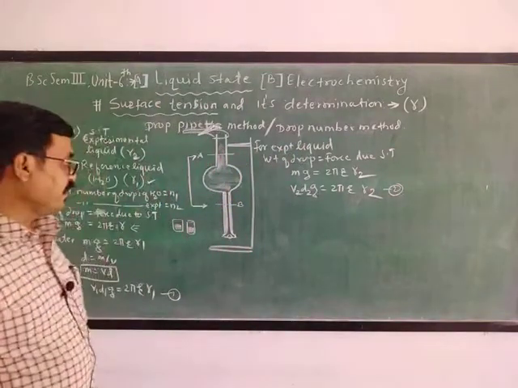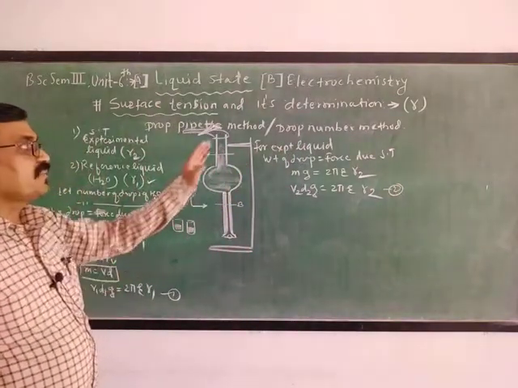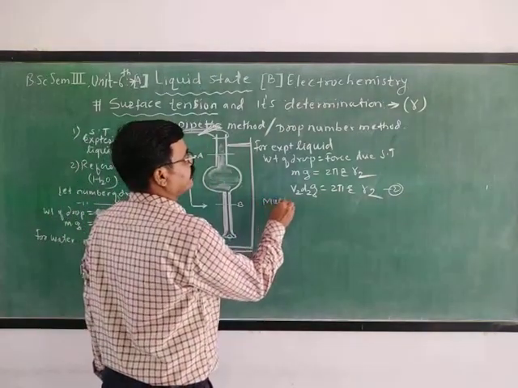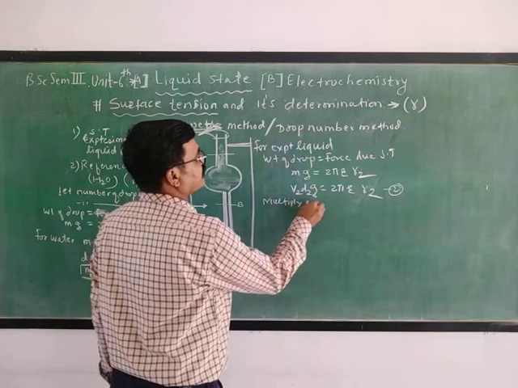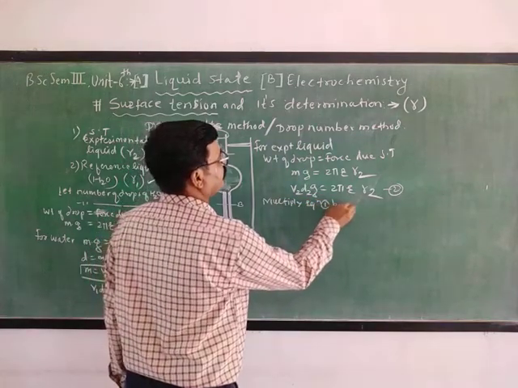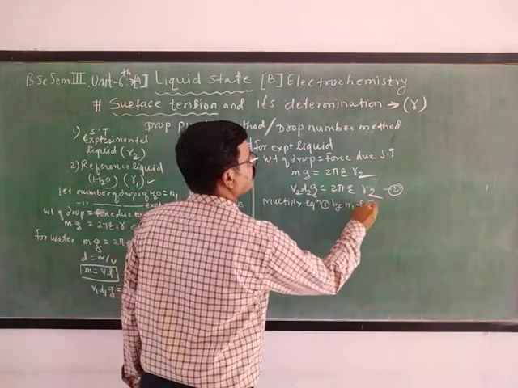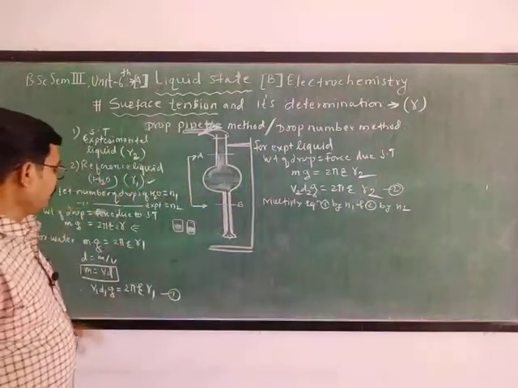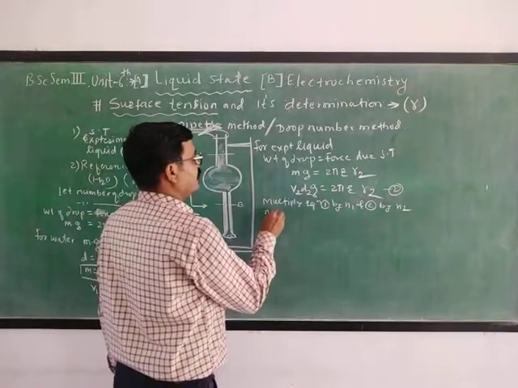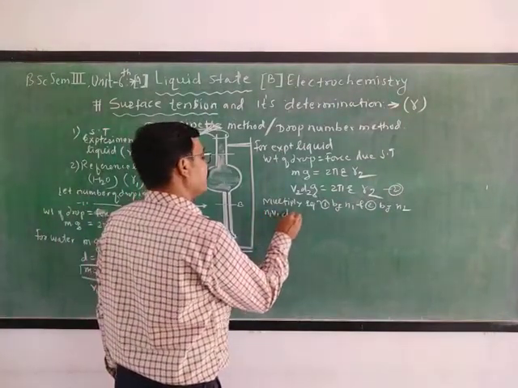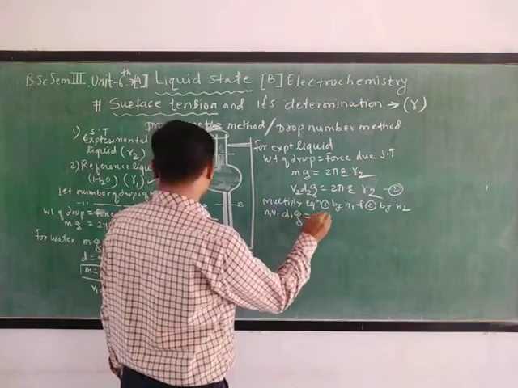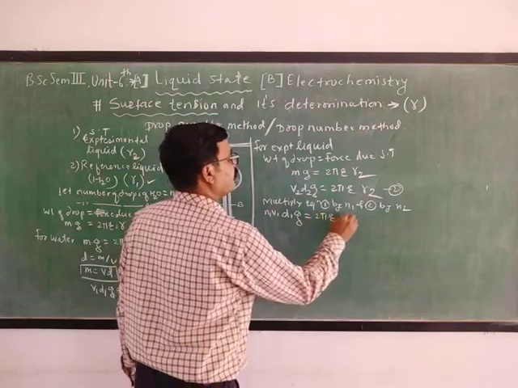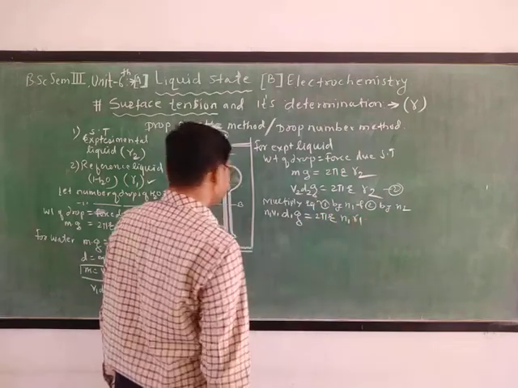But previously we measured the number of drops of water and the number of drops of the experimental liquid. That's why multiply equation 1 by n1 and equation 2 by n2. Equation 1 multiplied by n1 gives n1 V1 into d1 g equals 2 pi r n1 into gamma 1.